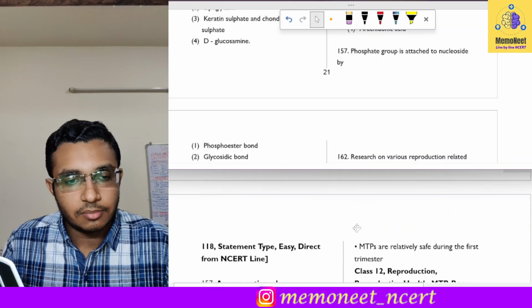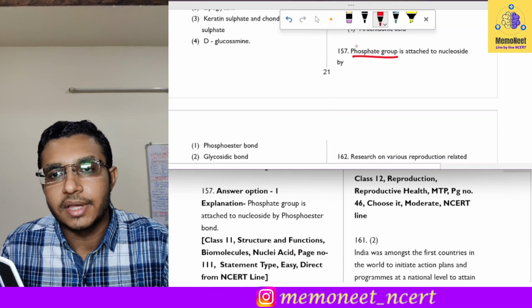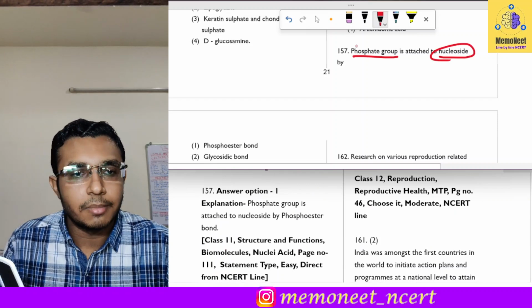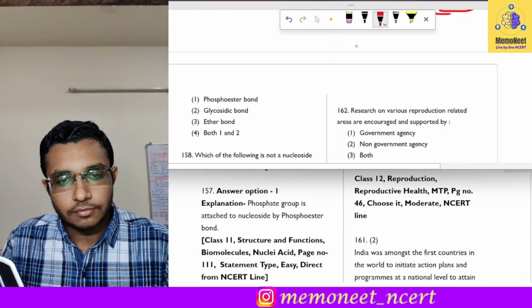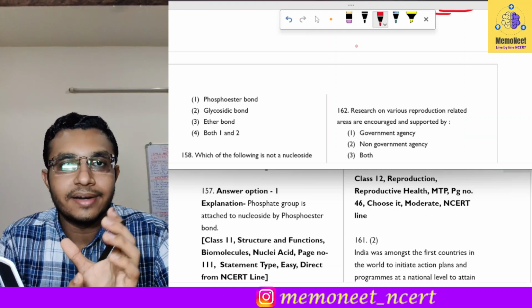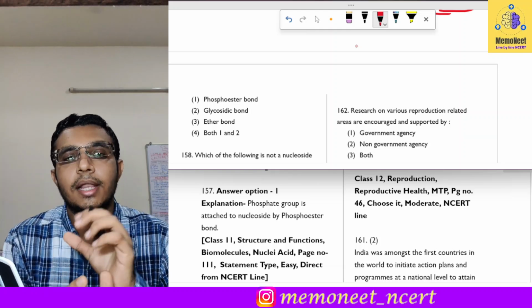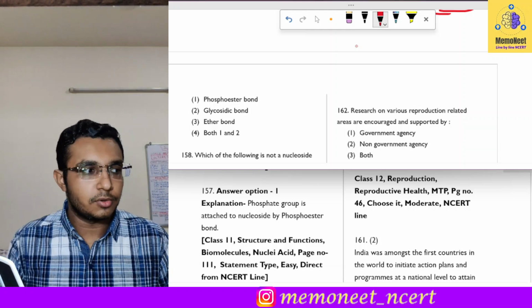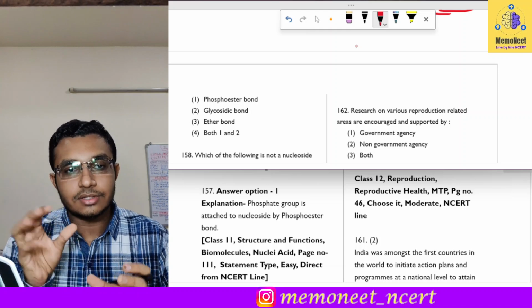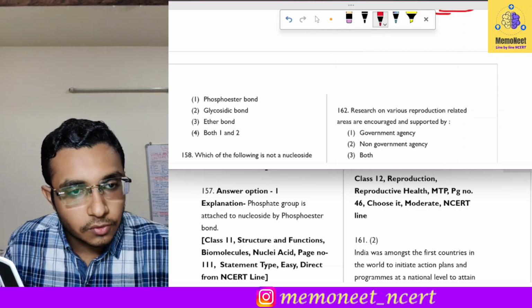Next is question number 157. It states that the phosphate group is attached to the nucleoside by what? What is a nucleoside? First of all, a nucleoside is the ribose sugar plus the nitrogenous base. Now if we add a phosphate group to it, it is attached to the nucleoside by the help of the phosphoester bond.